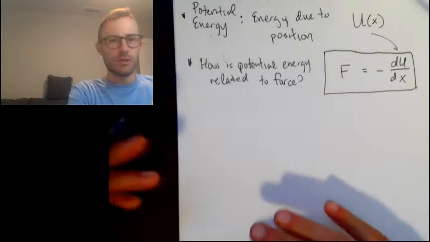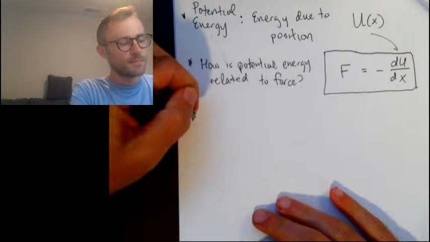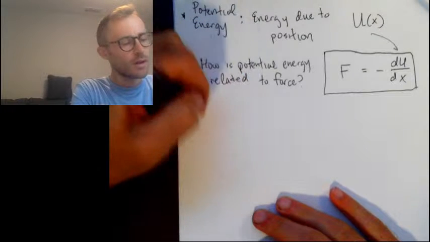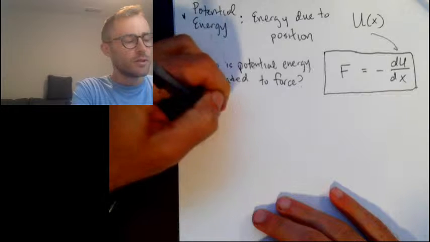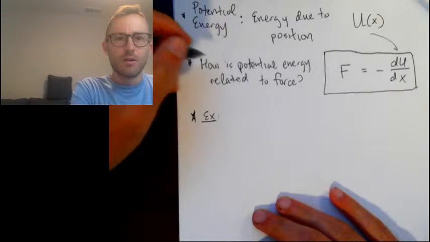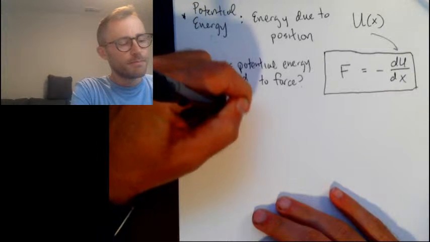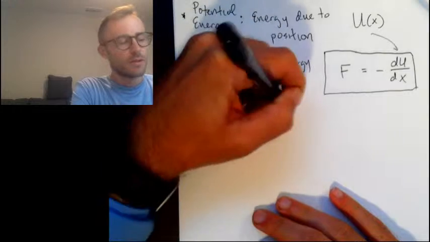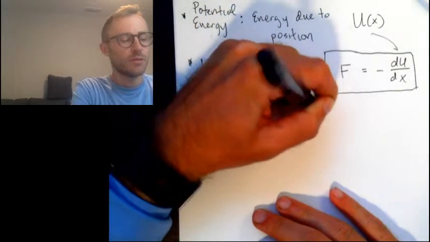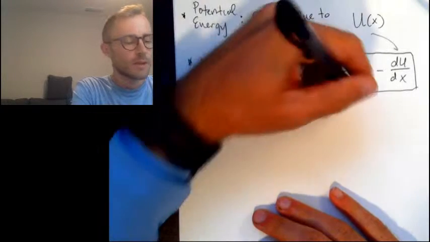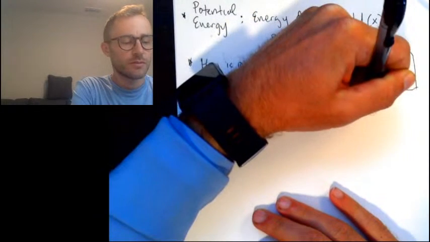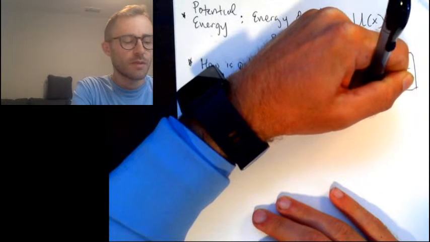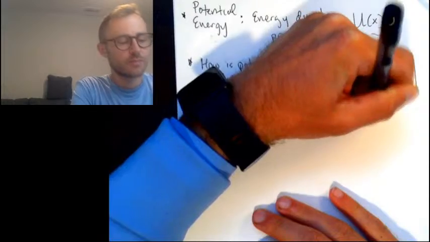So let's just do a really brief example. So an example, what if u of x equals 3x squared minus 7x?